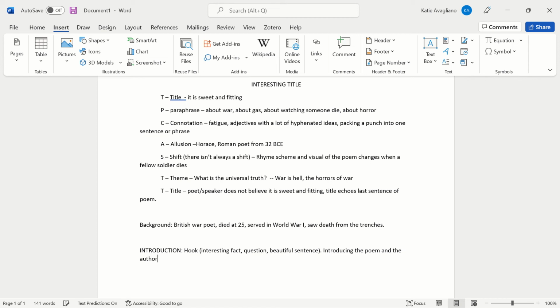Weirdly, so many of my students forget this part. So this sentence would look like, for example, Wilfred Owen's poem, Dulce et Decorum Est, written during World War I, while he was serving as a soldier in World War I, is about the horrors of war.